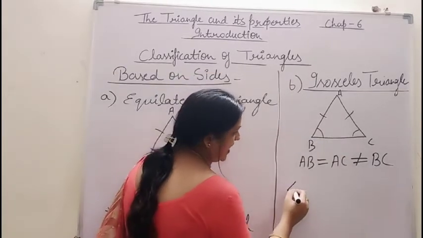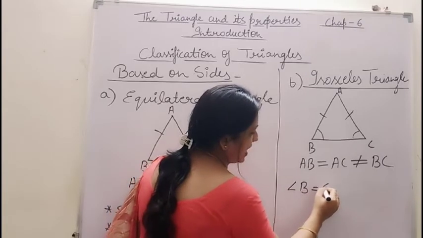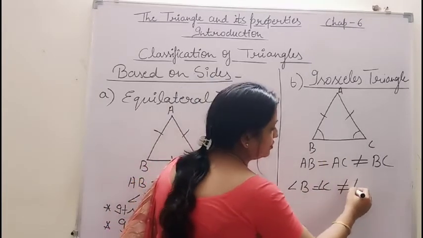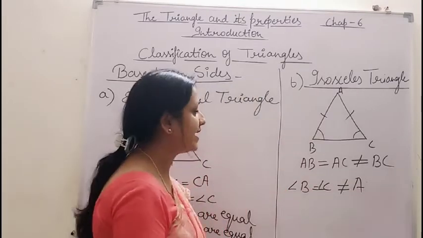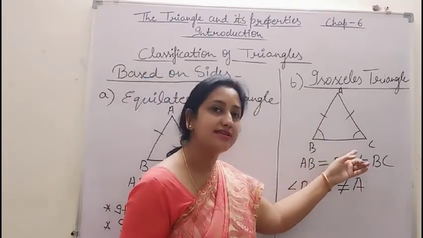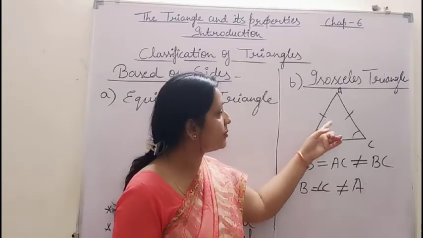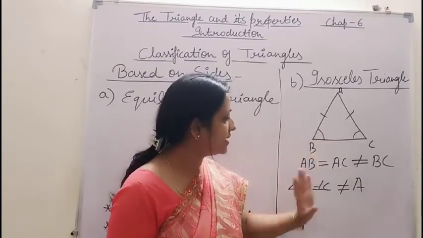Angle B is equal to angle C, which is not equal to angle A, because the angles opposite the equal sides are equal.